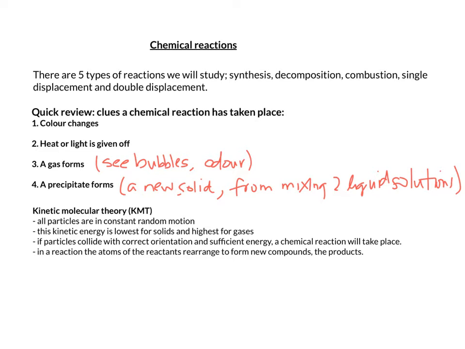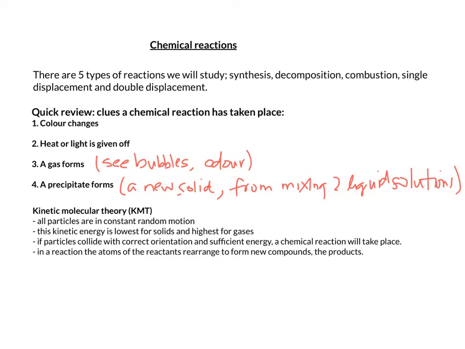Okay, so the kinetic molecular theory, KMT, states that all particles are in constant random motion. Doesn't matter if they're solids, liquids, or gases. This is called kinetic because kinetic means moving. This kinetic energy is lowest for the solids and highest for gases.